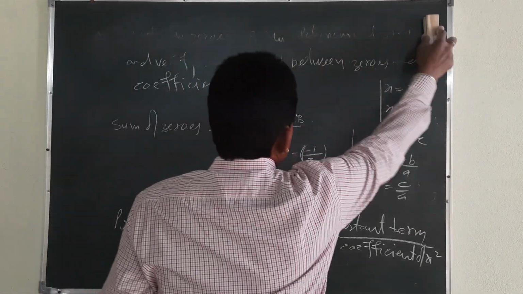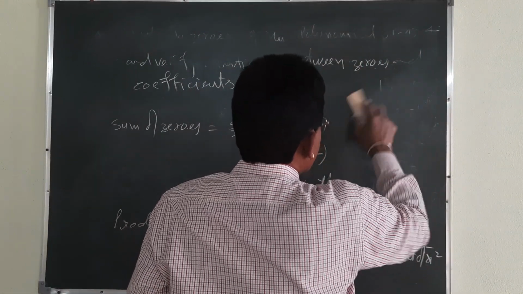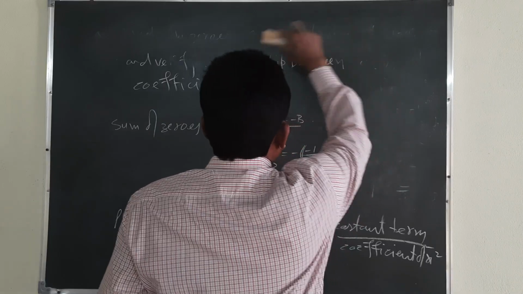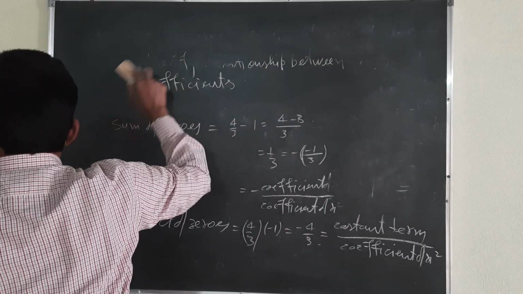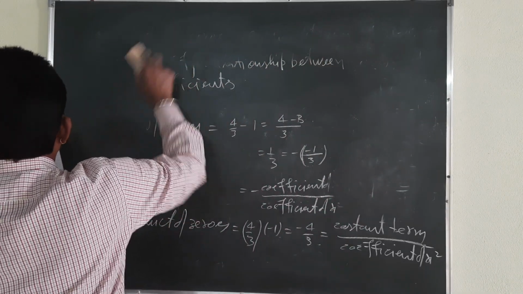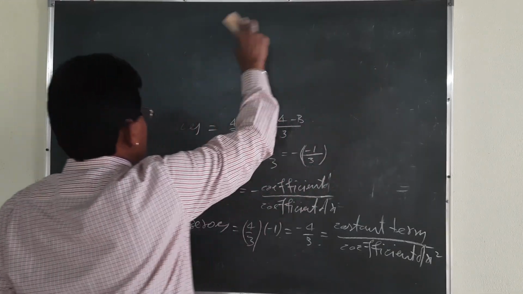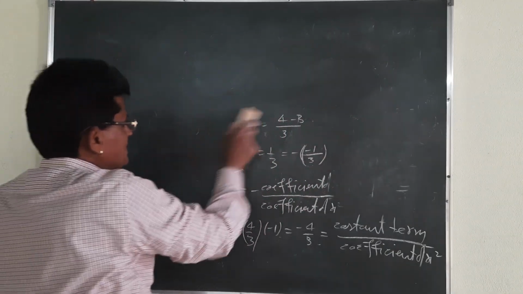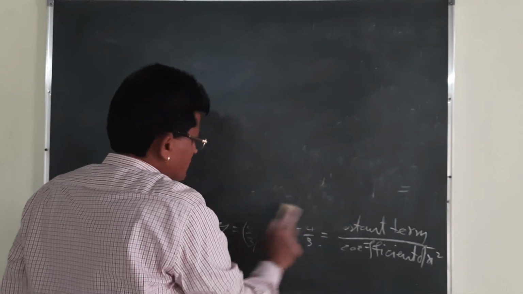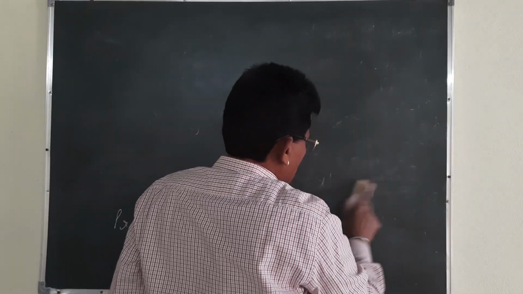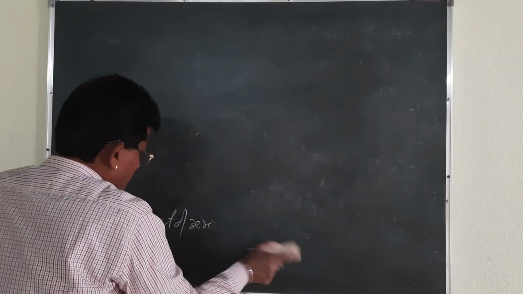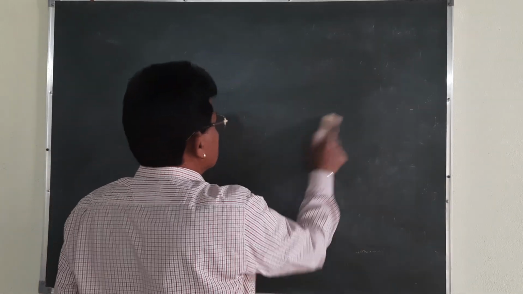Whenever the sum of the zeros as well as the product of the zeros are given, how will you form the quadratic polynomial? I will tell you one formula. Directly you can use the values and get the quadratic polynomial.